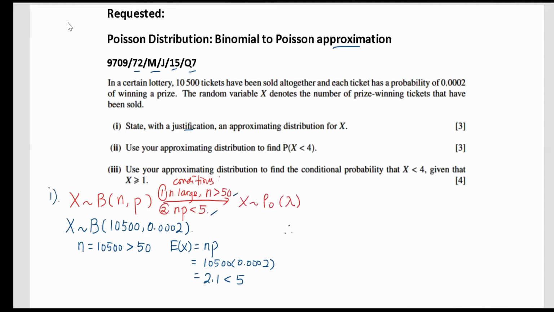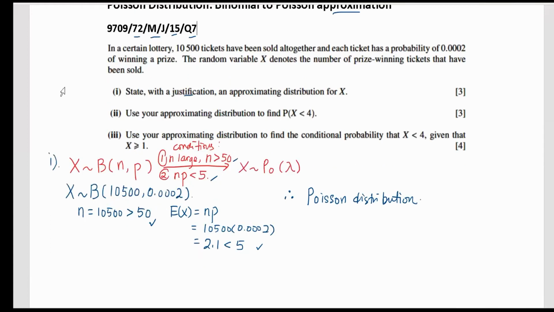So hence, with these justifications, first, n is large, second, np is less than 5, we can state the approximating distribution to be a Poisson distribution. All right, so that is answering part 1.